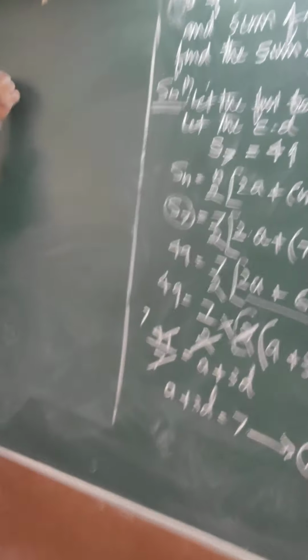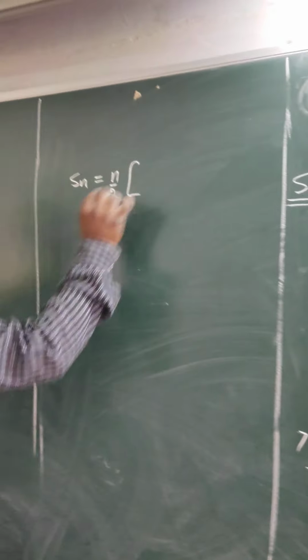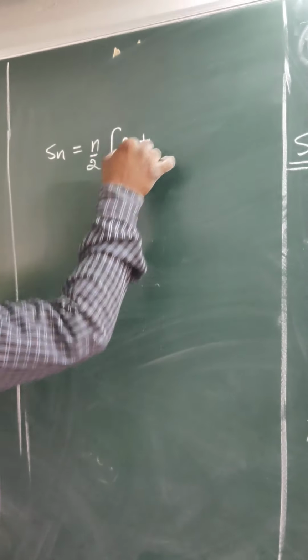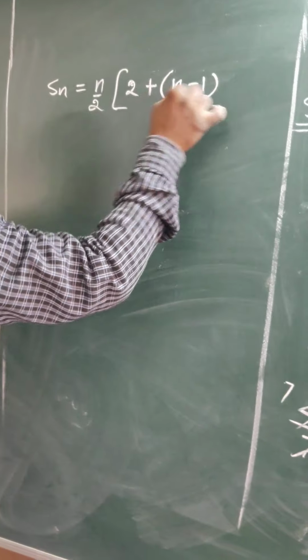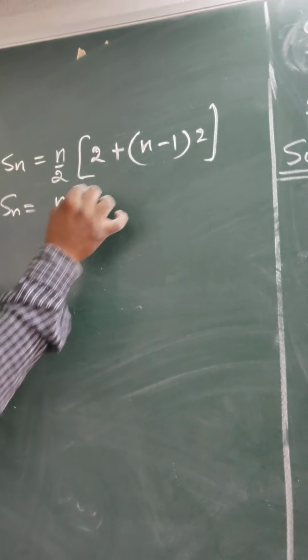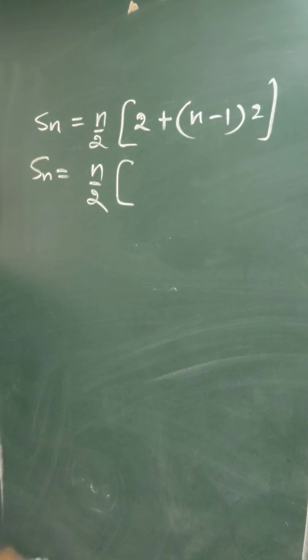And if you solve this, this becomes Sn is equal to n by 2 into 2 into 1 is 2 plus n minus 1 bracket close into 2. So Sn is equal to n by 2 into, we don't have the value of n, so in your answer you will get the variable n there.